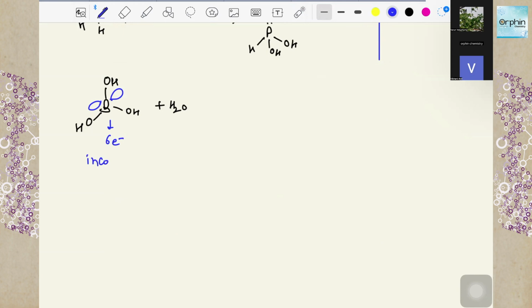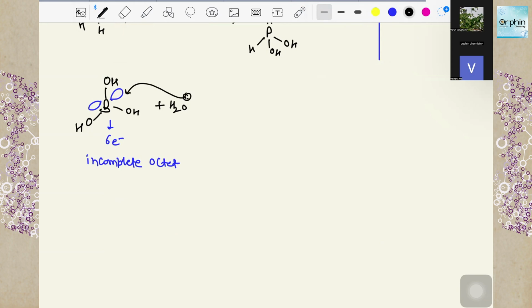Incomplete octet it is having. So if the octet is incomplete, that means whenever this is put into the aqueous solution or with water, it will be accepting the lone pair from water.